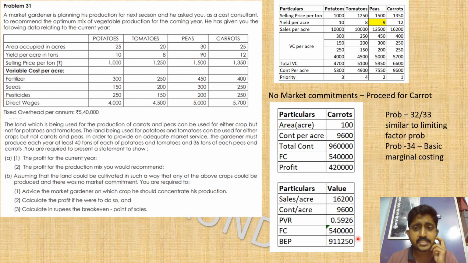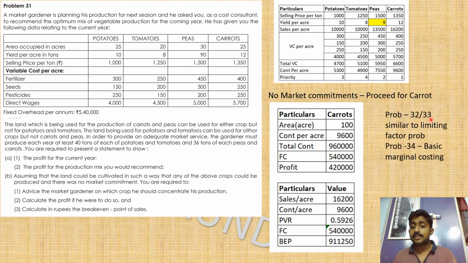So students, I just went across problem number 32 and 33. This is very similar to the limiting factor problem, which we discussed in class 5, 6, 7. If material in kg is given, then that will be the limiting factor.